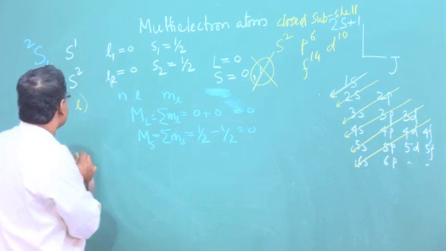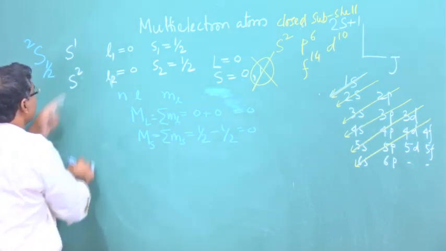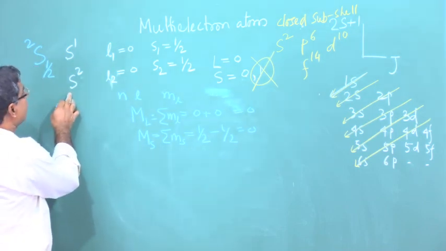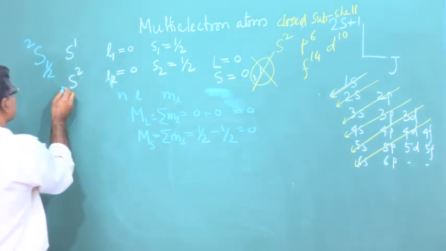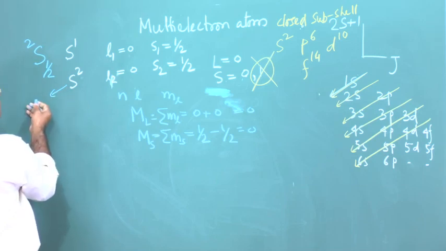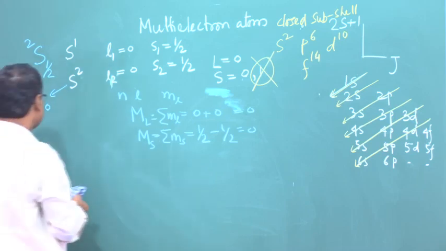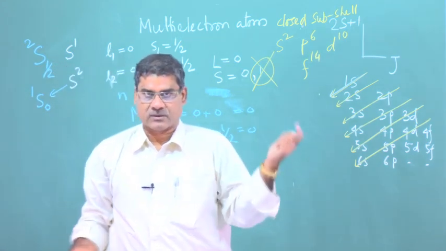Okay. So, what we are seeing here, these are obviously equivalent electrons. So, for this case L equal to 0 and S equal to 0. So, this state will be 1S and J will obviously be 0. So, this is the 1S0 state, or spectroscopic term.